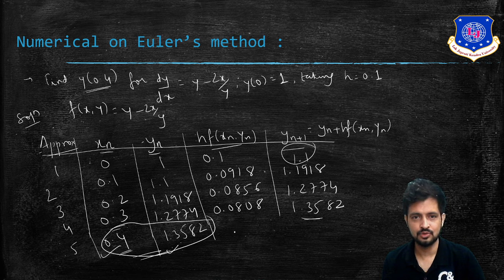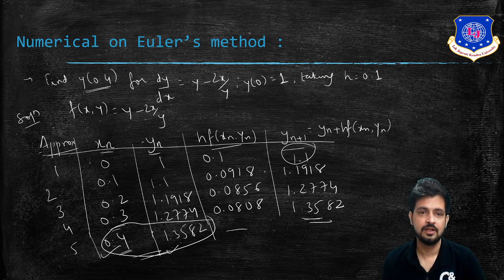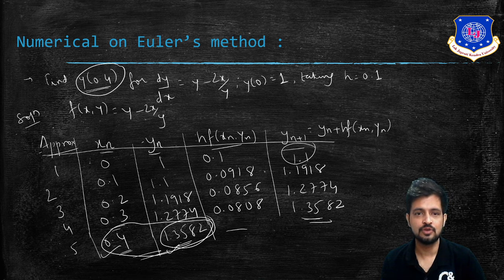There is no need to find the remaining two values, because this value is to be written here. That means for xn equal to 0.4, this is our yn, and we have to find y of 0.4. Actually we have got the answer here, but for better understanding we write this value here. So 1.3582 is the answer for y of 0.4.